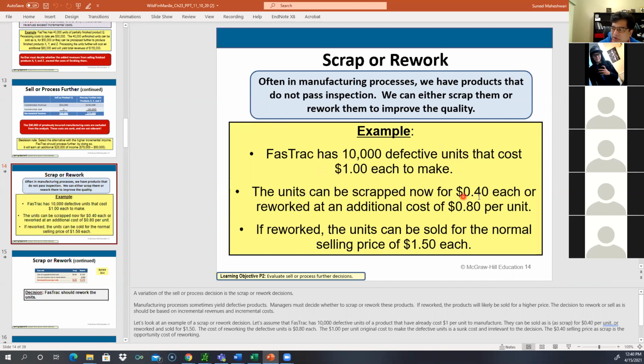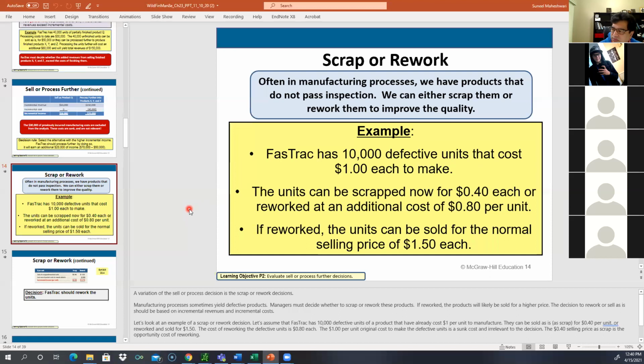Units can be scrapped at 40 cents each, or can be reworked at an additional cost of 80 cents per unit. If the reworked units can be sold for the normal selling price of $1.50 each, what will you do? Should you rework the units or should you scrap them?